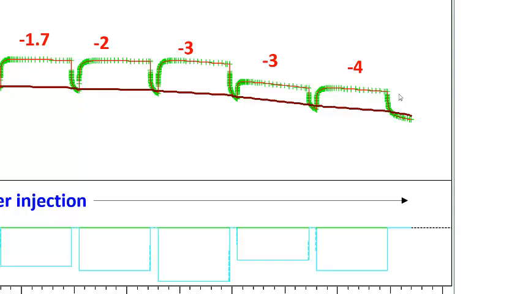Then when you analyze the fall-off, you need to simulate back to this point here. I'm telling you this because the software is going to ask you for that pressure.